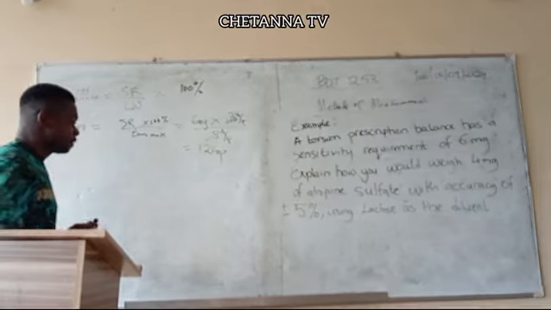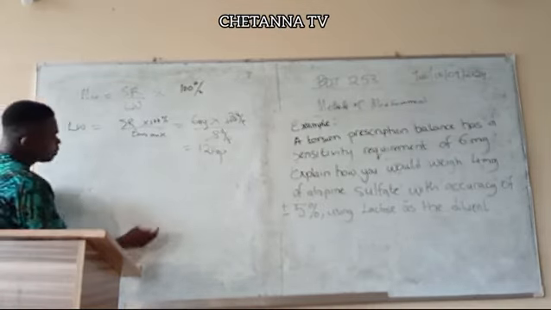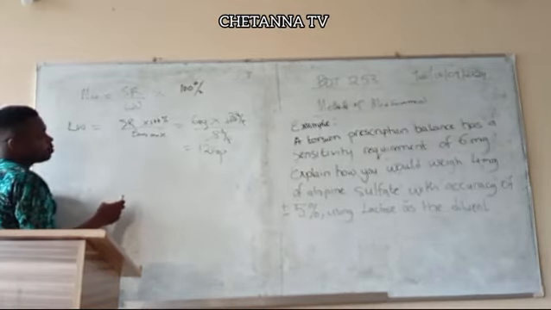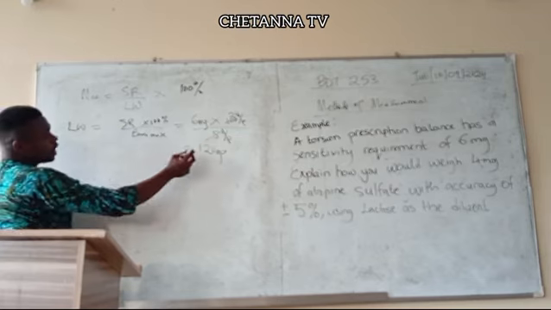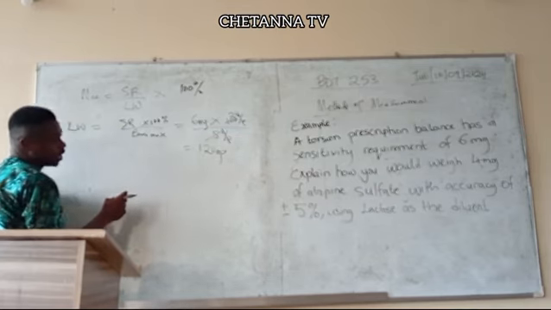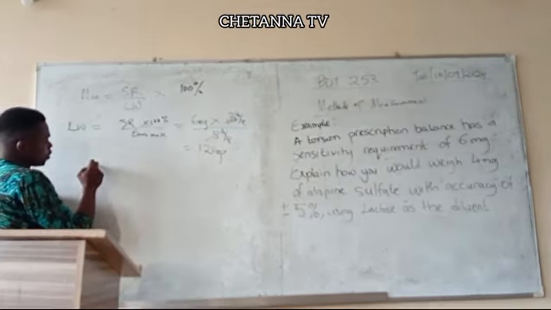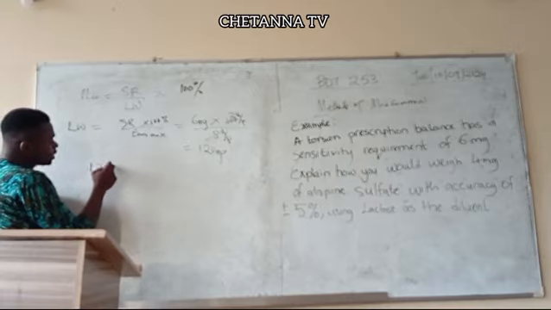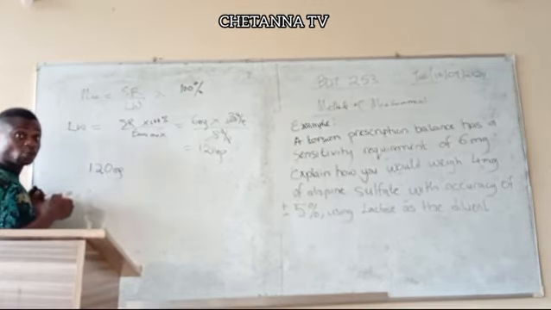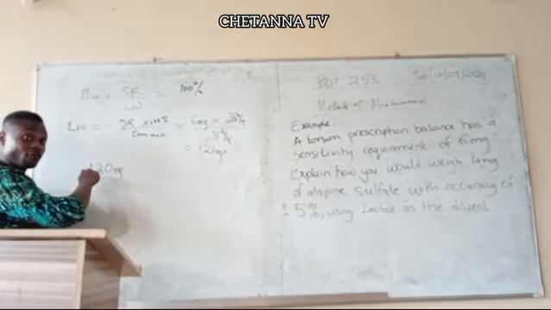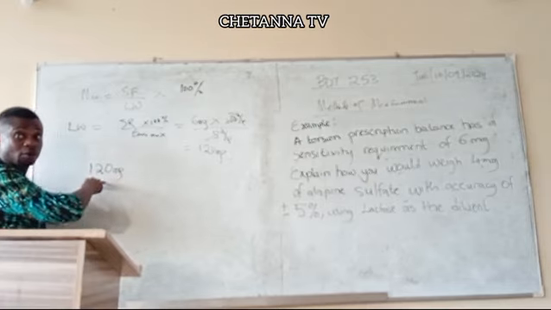You can say, okay, let me fix the weight of the atropine. It can be 120 milligram or above 120 milligram. Remember that the least you can weigh is 120 milligram, so it can be 120 milligram or above.